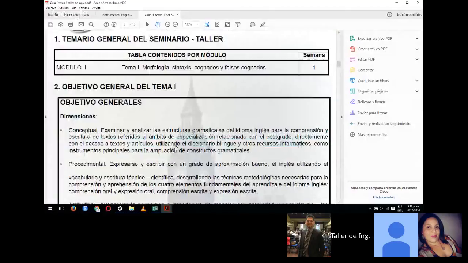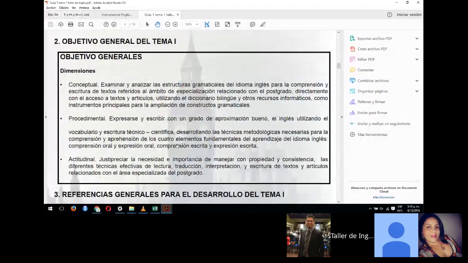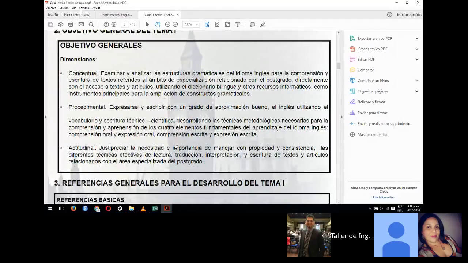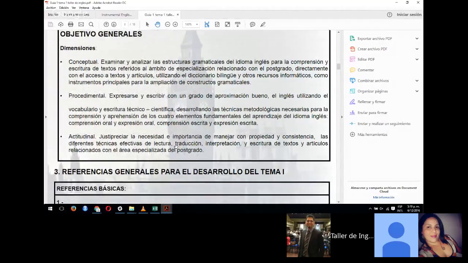This is the general objective: to conceptually analyze and research grammatical structures of the English language for the comprehension and reading of texts, referring to the specializations related to the postgraduate procedural, which express and write a good approximation of English using vocabulary, writing techniques, and sciences.